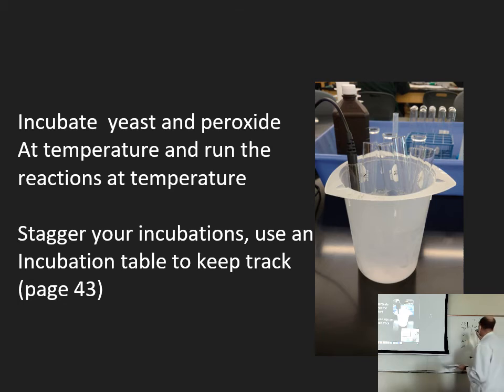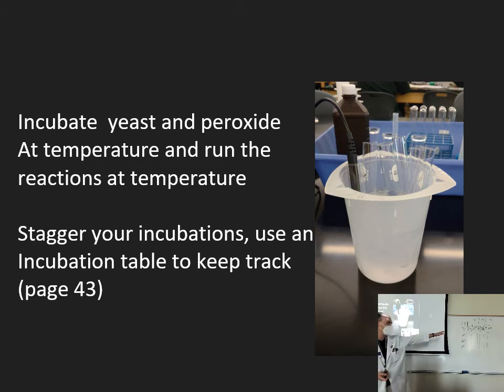So if you know that this one reached temperature at 210, then you're going to need to pull it out at 211. And if you put this one in at 211, you know it'll be ready to come out at 212 or whatever. So you can keep track of when things need to be going in and out.